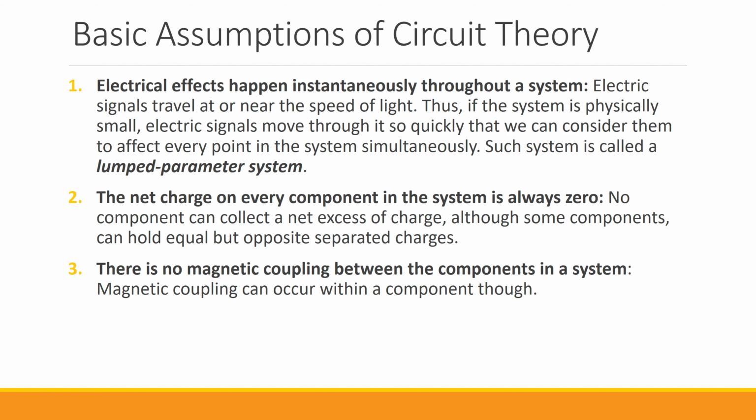When we talk about inductors later on, we see how we can have inductors that have several coils that are magnetically coupled, right? Since this coupling happens inside the component itself, this assumption is satisfied.